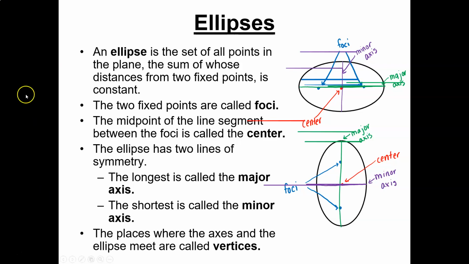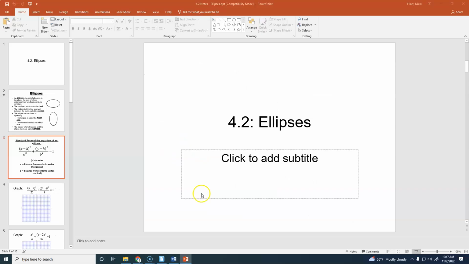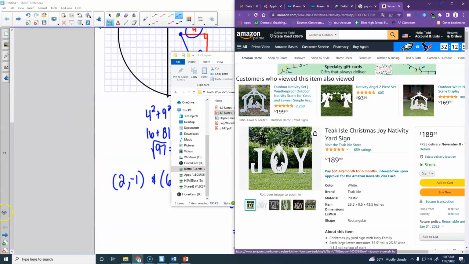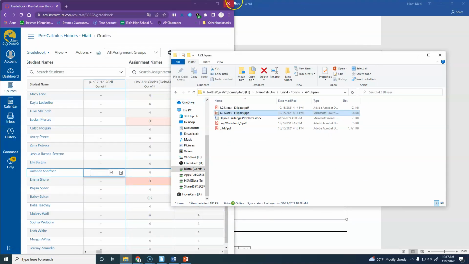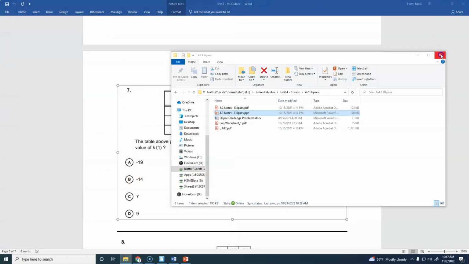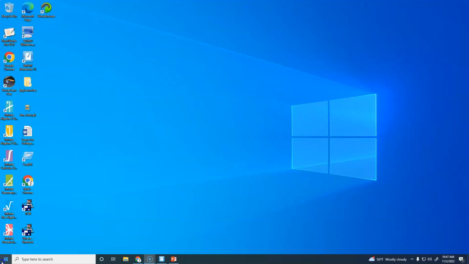Alright, let's see. Oh, wait. Okay, so, let me do document camera real quick. Good gracious. Alright, document camera.